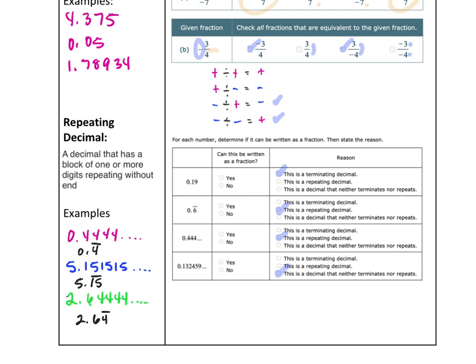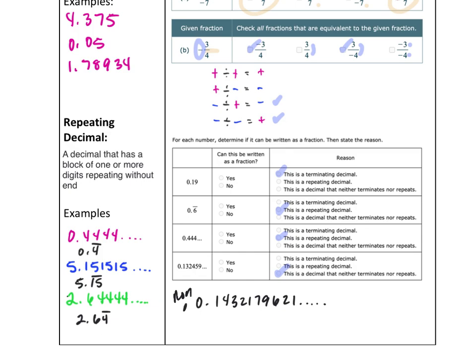Okay, some non-examples of repeating decimals would be like 0.1432179621..., right? Because nothing in there repeats. This would be a non-example.